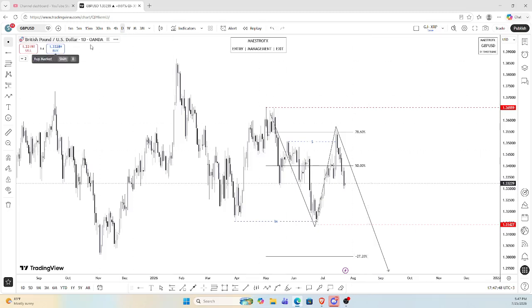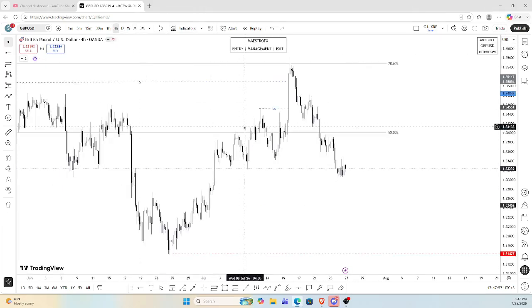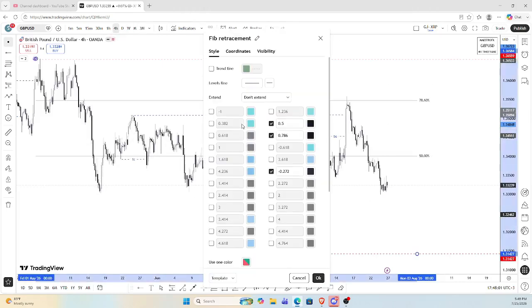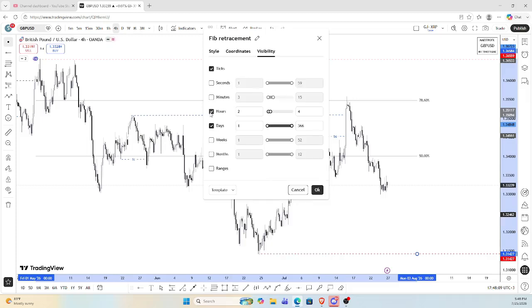And for that case, I'll be looking to continue this downtrend, and this week I'll be net short.